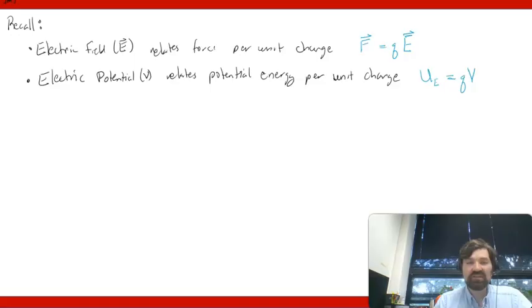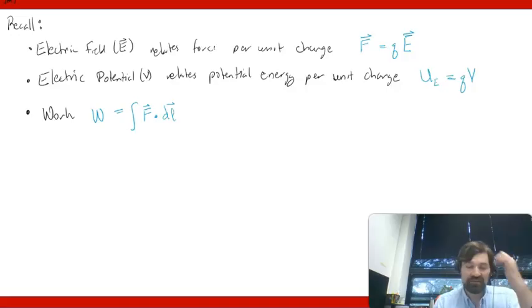And then one last thing to recall, and this is mostly a Physics 1 concept, although you'd see it in your textbook if you're taking Physics 2, is the relationship between force and work, and therefore between force and potential energy. So recall that work is given by W equals integral F dot ds, or dl.